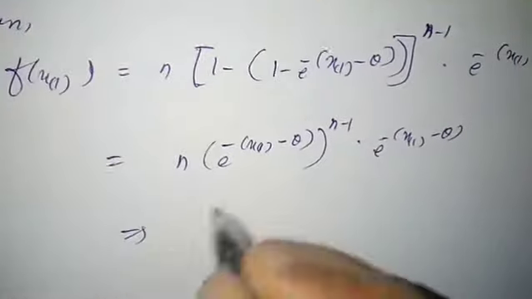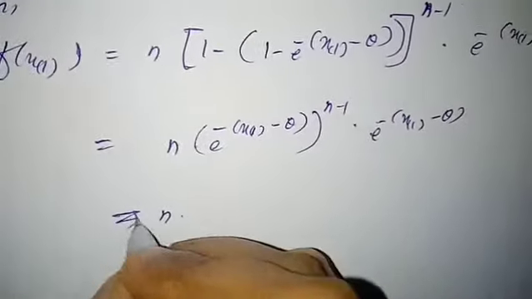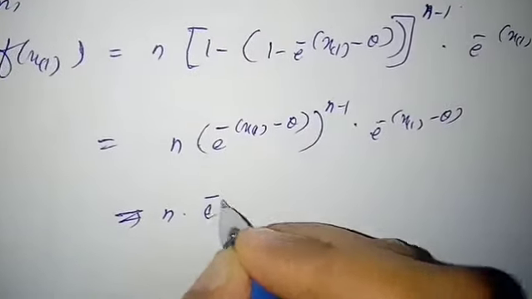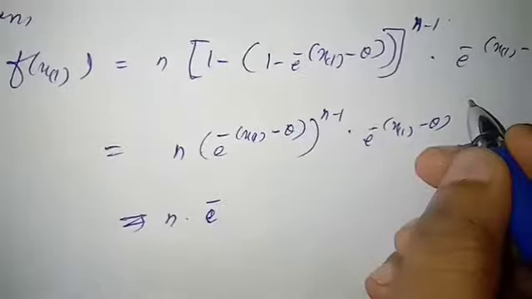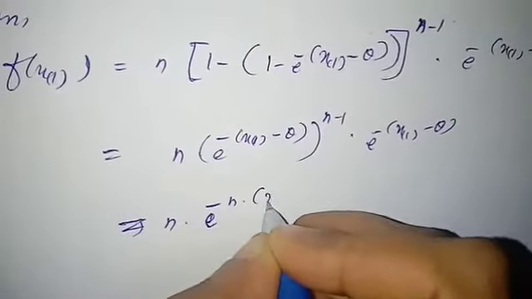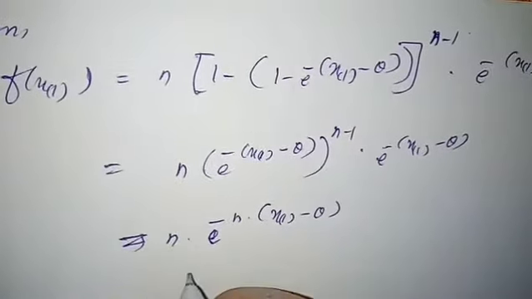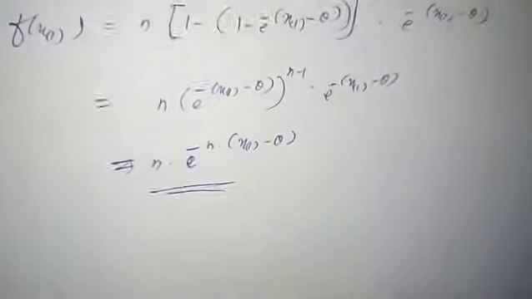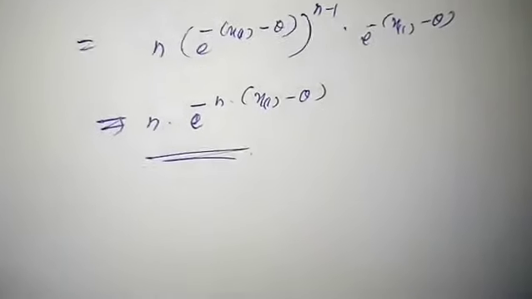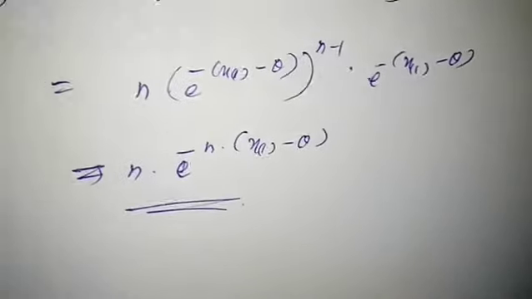Then we can write this as n into e power minus n into x1 minus theta, since n minus 1 plus 1 is n. This is the density of the first order statistic in the case of the truncated exponential with truncation parameter theta.